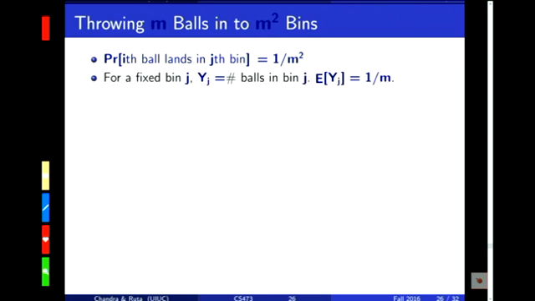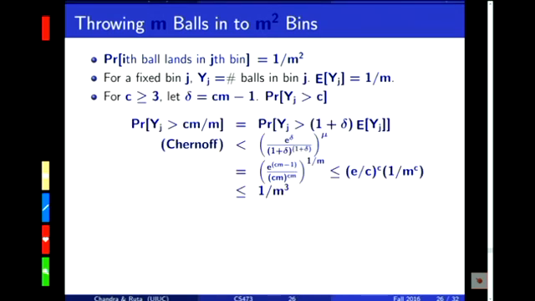Right? So let's say C is some constant which is at least 3. And I define delta to be Cm minus 1. Now I want to bound the probability that yj is greater than C. Now I can write C as Cm over m, but Cm is just delta plus 1.